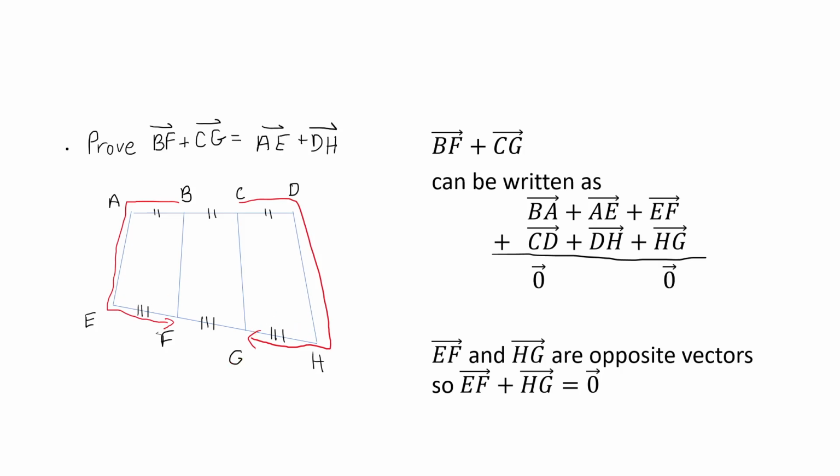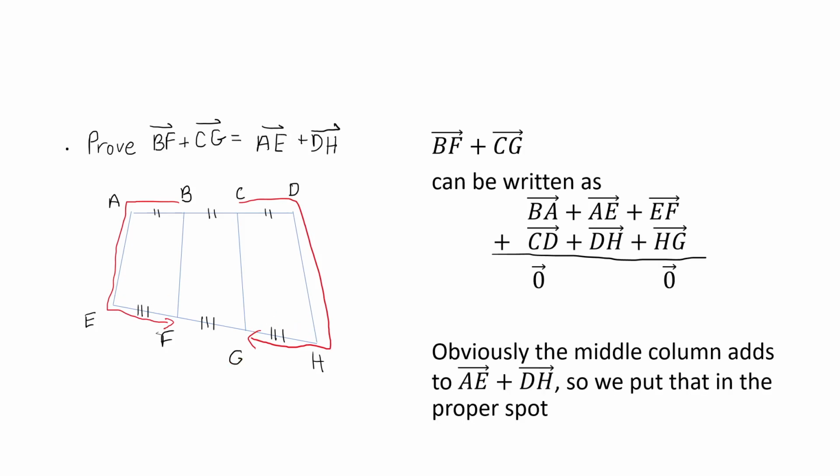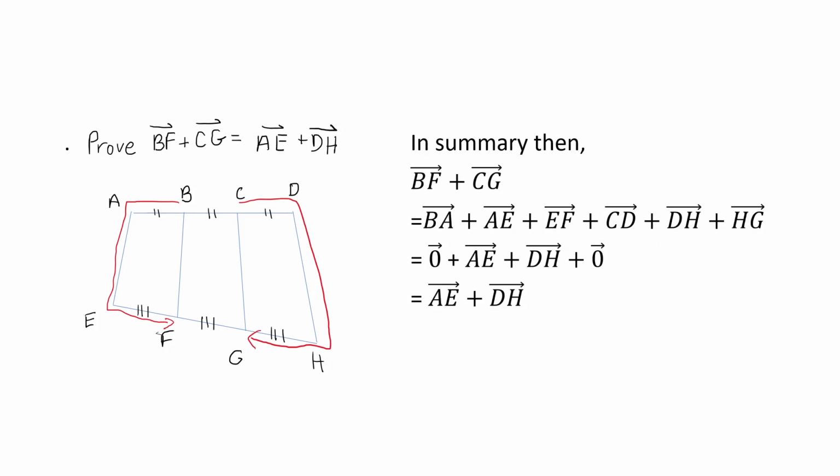They're going to add to 0. And now the middle column will just stay as AE plus DH, so we can put it there. And what we've actually just shown, if you really look at it, is that BF plus CG ultimately equals AE plus DH. Pretty cool proof.